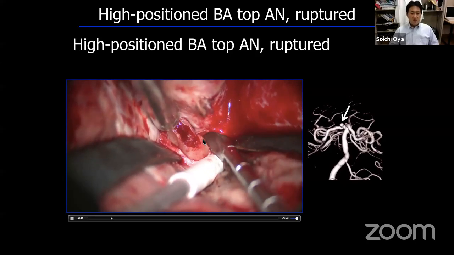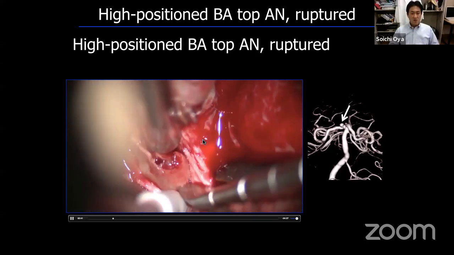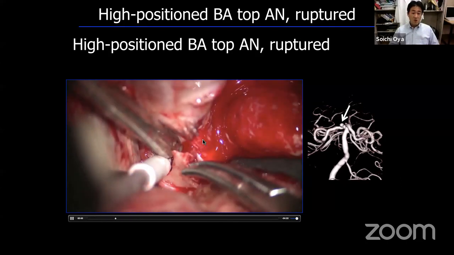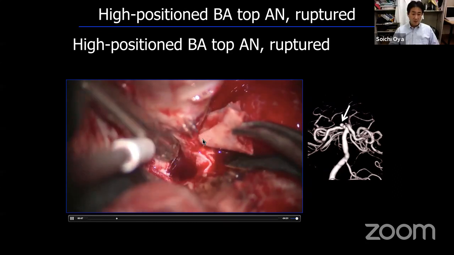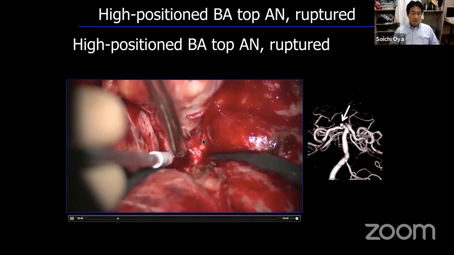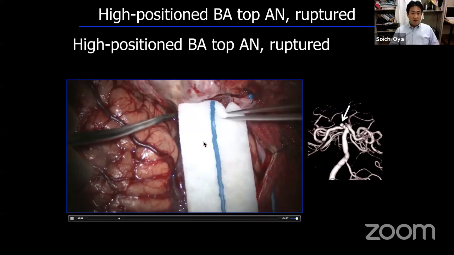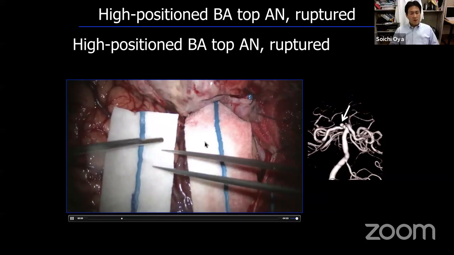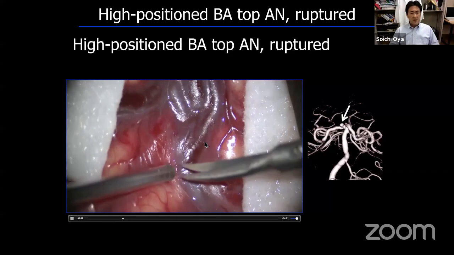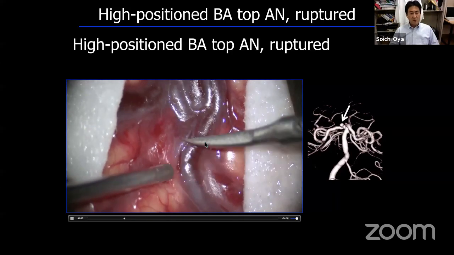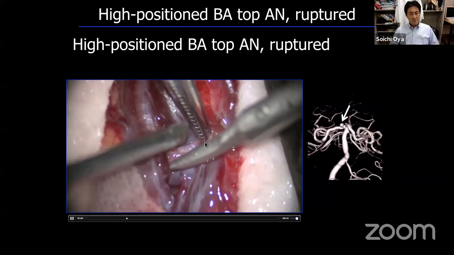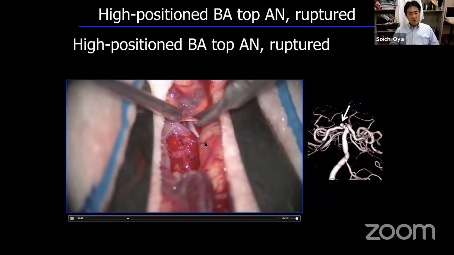If you have some difficulty removing the anterior clinoid process, let me advise you to add a little bit of drilling on the optic strut. And then I open the dura. And I think having the radial view to the aneurysm is important to look up at the aneurysm.